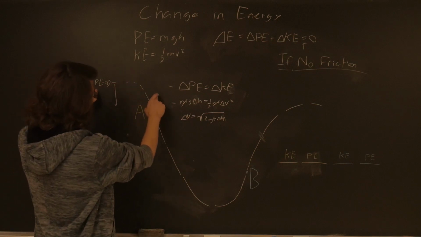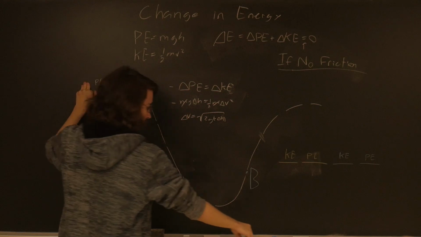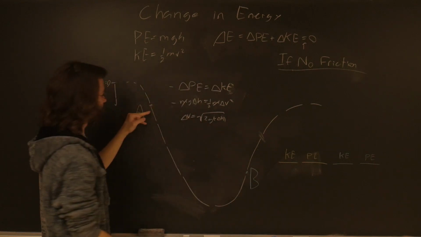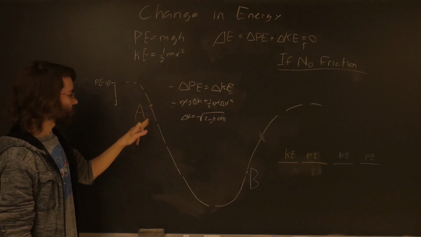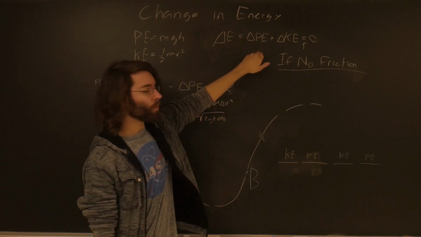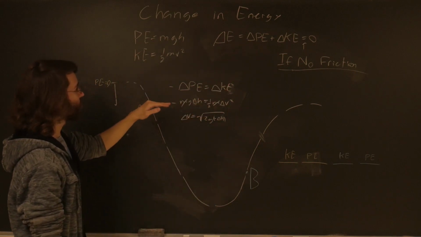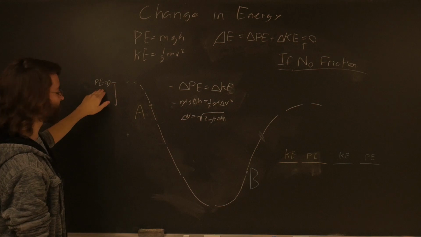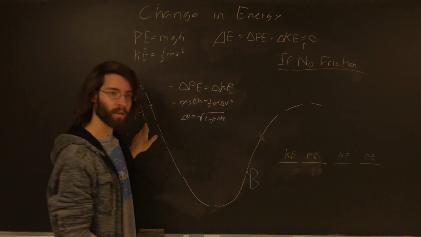So say here at point A, the potential energy should be negative, right? And the kinetic energy should be positive. Since the change in energy should be 0 throughout this entire process, and we define potential energy to be 0 at the start, they should be equal and opposite.